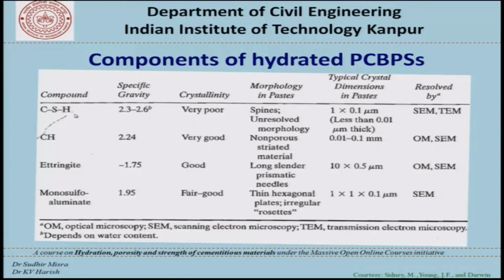Calcium silicate hydrate gel is 1 cross 0.1 micrometer, calcium hydroxide is 0.01 to 0.1 mm, ettringite is 10 cross 0.5 micrometer, and monosulfoaluminate is 1 cross 1 cross 0.1 micrometer.